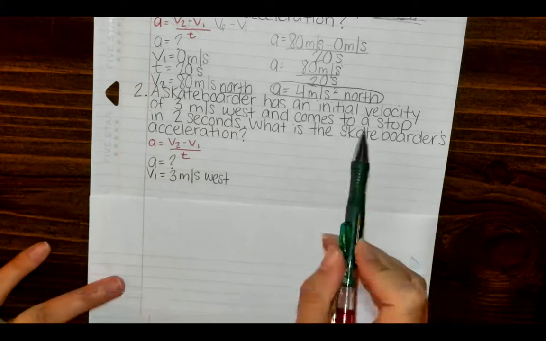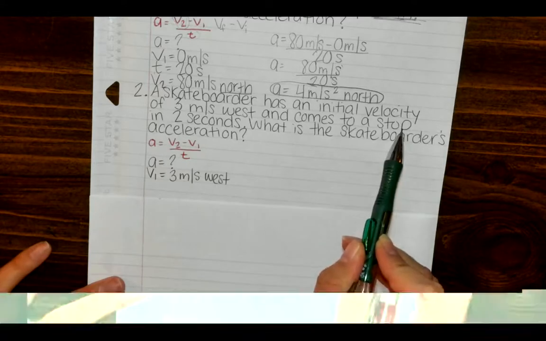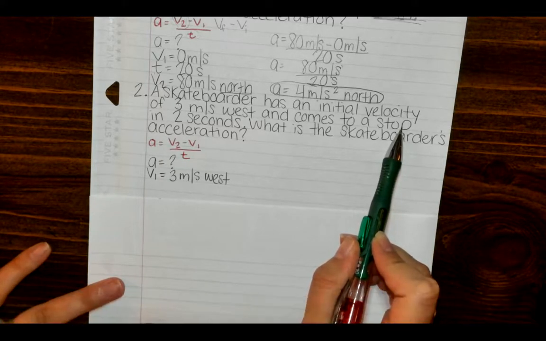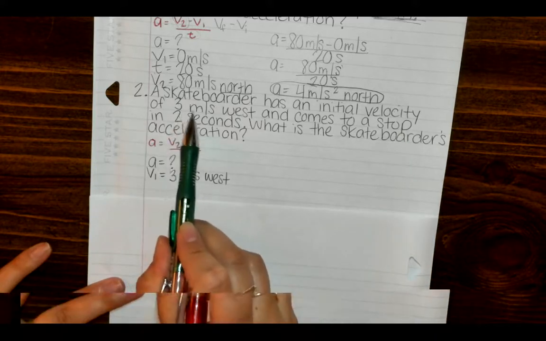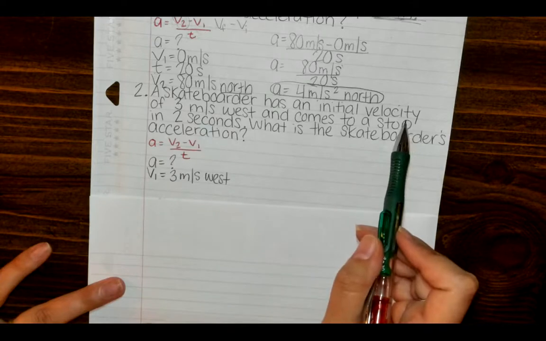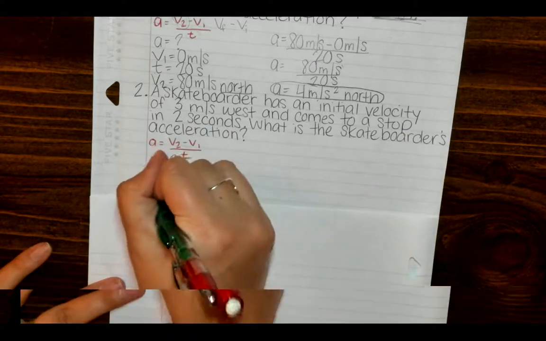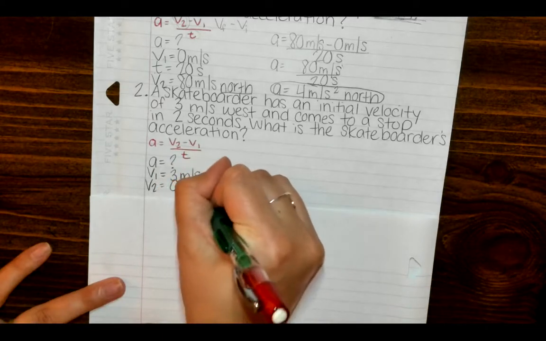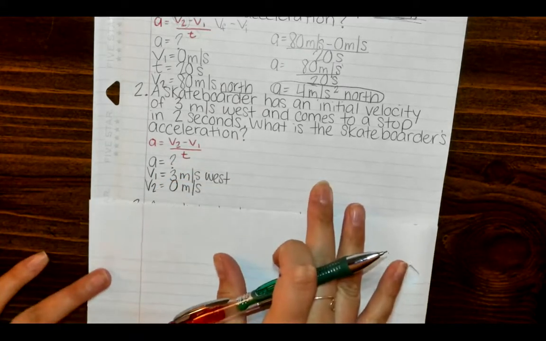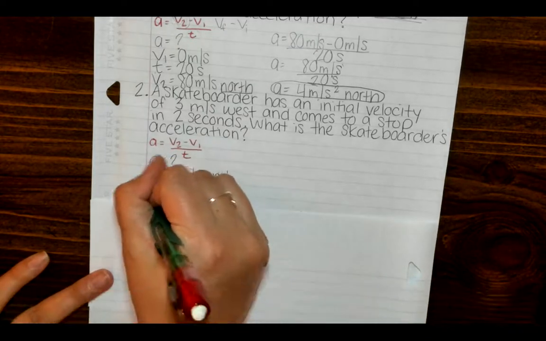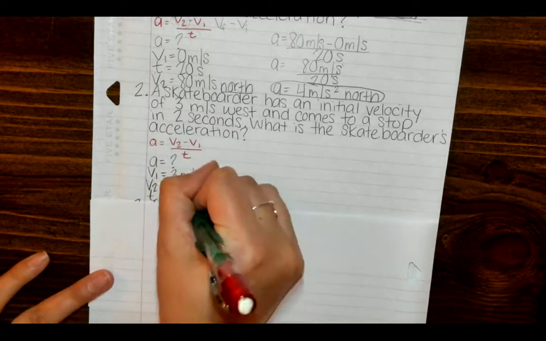And it comes to a stop. So that means our second velocity is 0, because he went from 3 meters per second and then he stopped. So our second velocity is 0 meters per second. And then it tells us our time. He stops within 2 seconds, so our time is 2 seconds.